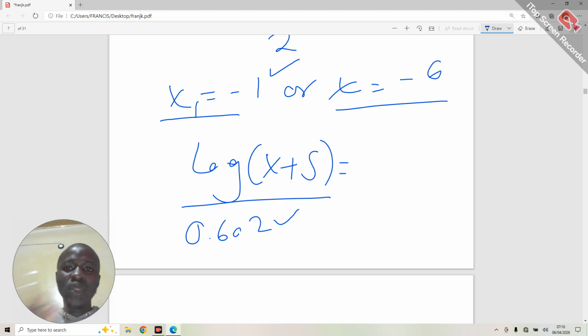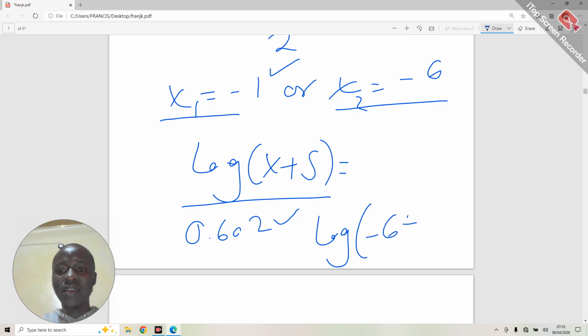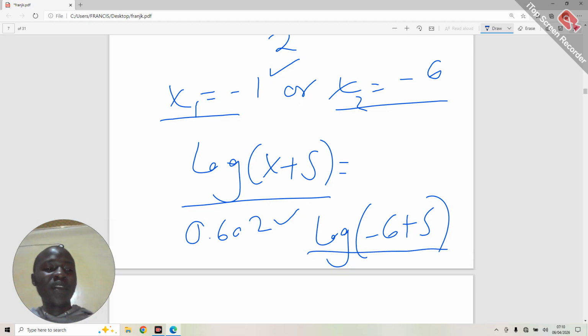Let us confirm it with x2. x2, we shall have log of negative 6 plus 5. So we shall have log of, in bracket, negative 6 plus 5, to get a math error. If you press this in a calculator, you'll get a math error. What does that mean?